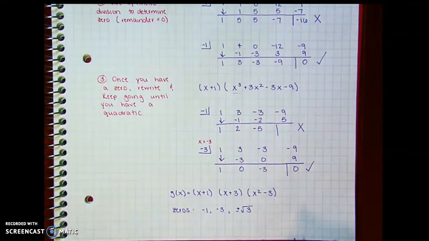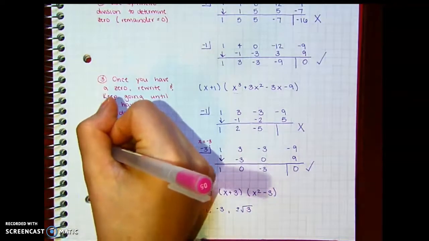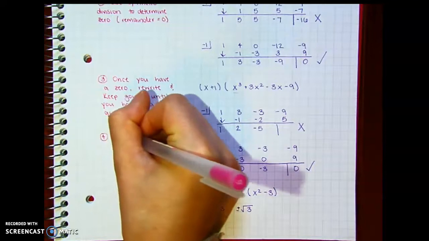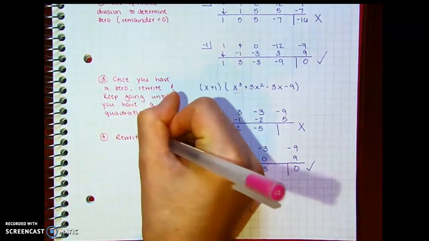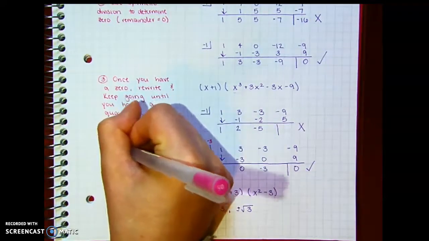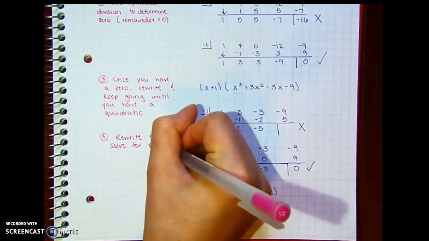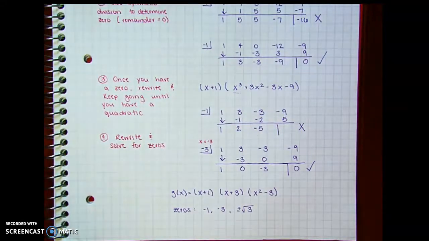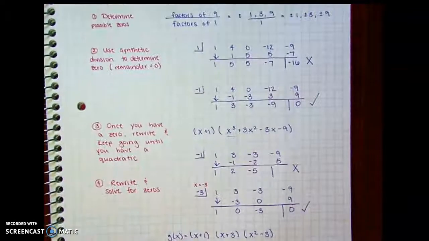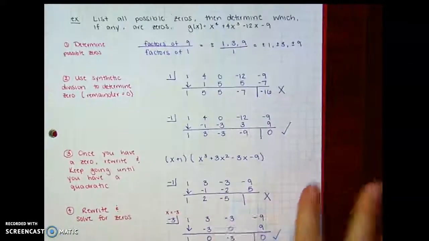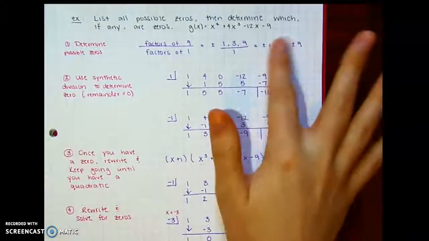And then, I don't know, step 4, rewrite and solve. Okay. And then if you have possible zeros that are fractions, my advice is just don't worry about the fractions.